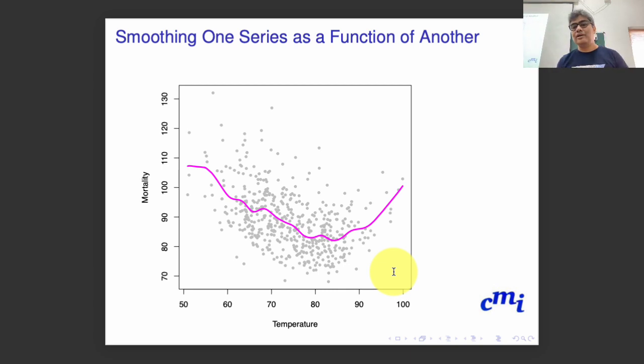Here I fitted a spline where mortality is a function of temperature. Instead of time, I just took the temperature, and it will go through. At the end of the day, these are all tools. Remember that. How you use these tools is up to you.